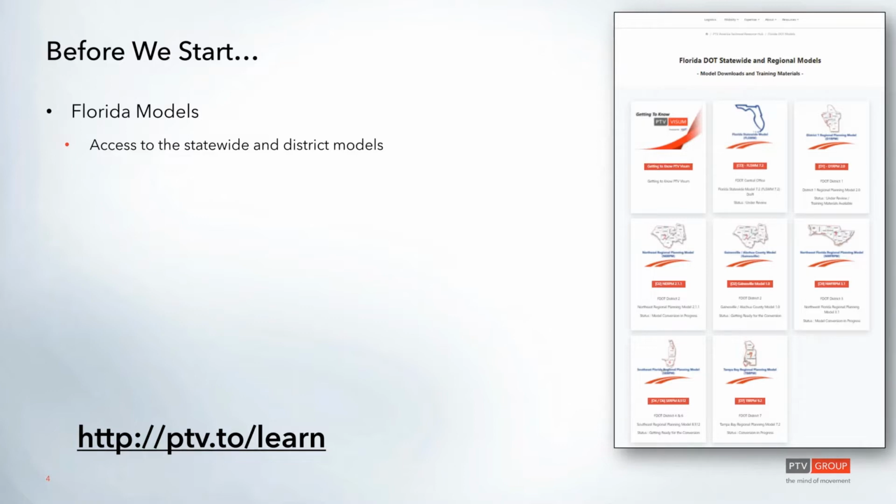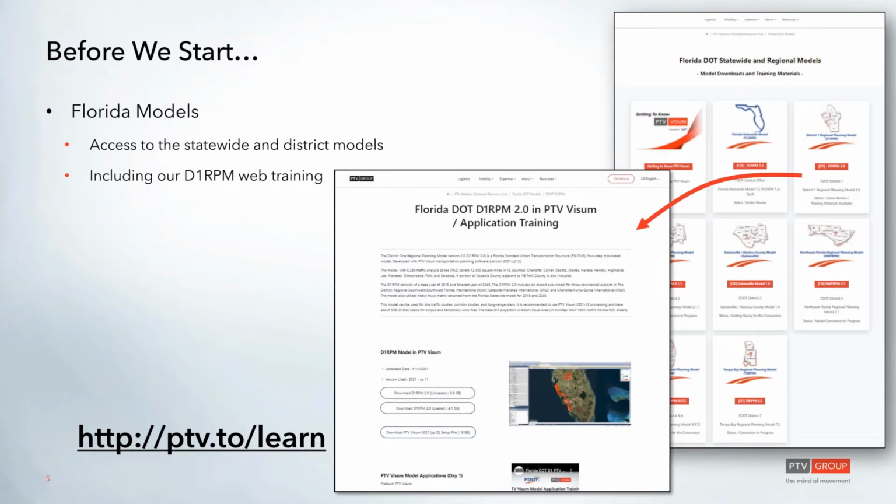One of the parts that we have added to that particular resource hub is the page where we are storing all those Florida models that we're converting to Visum. You can have access to some statewide models and district models, and we will post them as they become available. At the moment, you're going to see NWFRPM training materials from the training that we offered back in last November.